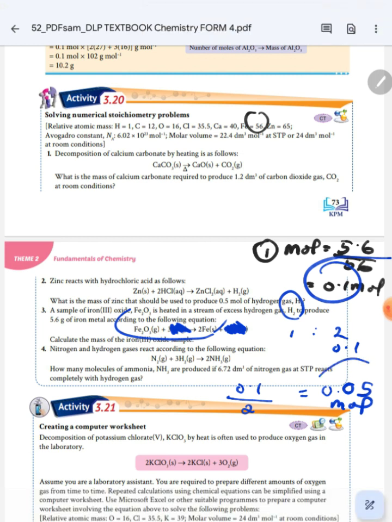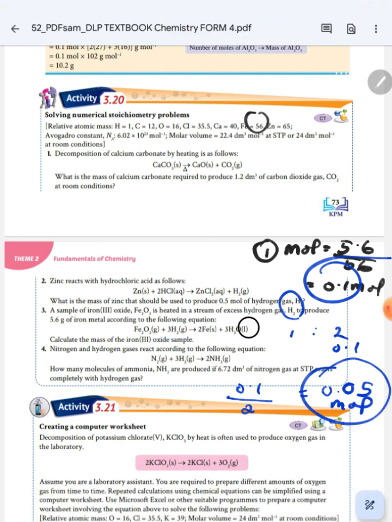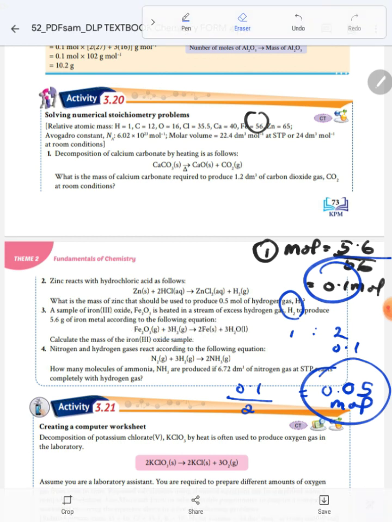So here we have calculated the number of mole of iron 3 oxide. Is it already the answer? No, that is not the answer because the question asks for the mass.